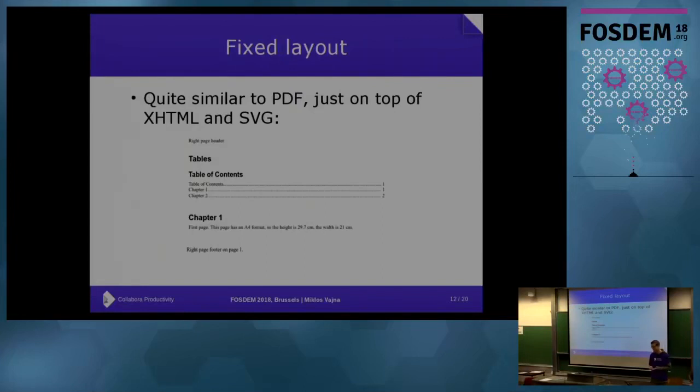Probably the primary use case is when you are working with a publisher that only accepts EPUB, and you have some format like a comic book where the fixed layout is important because some reflowable text would modify the meaning of your content. Then fixed layout is still wanted, and the publisher refuses to work with you if you provide a PDF. Then this is something you can work with.